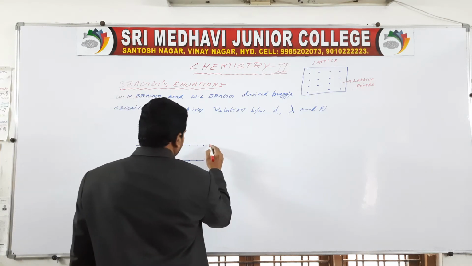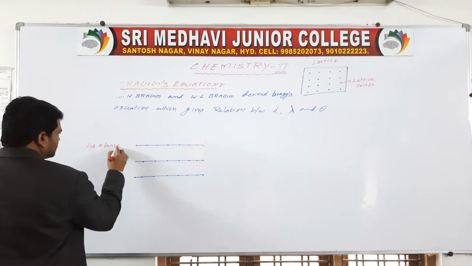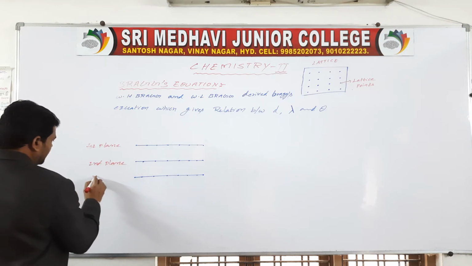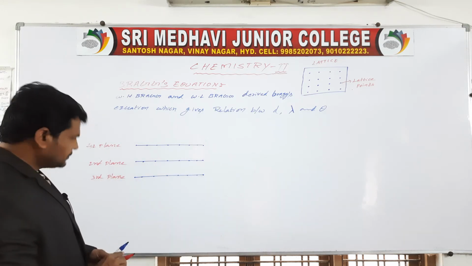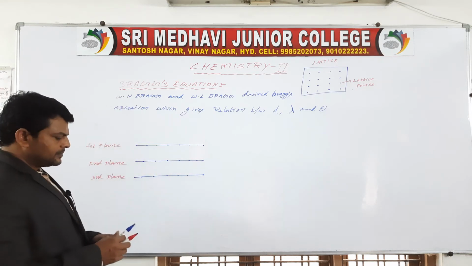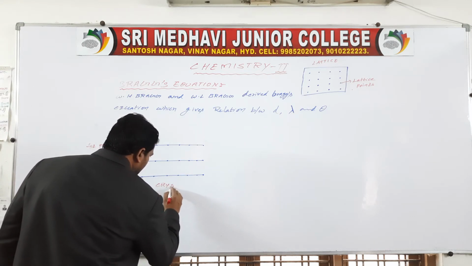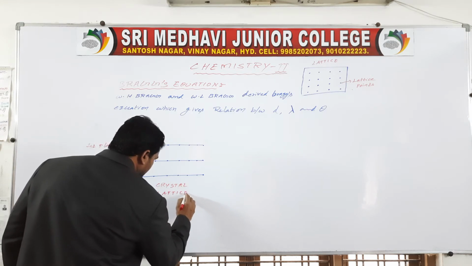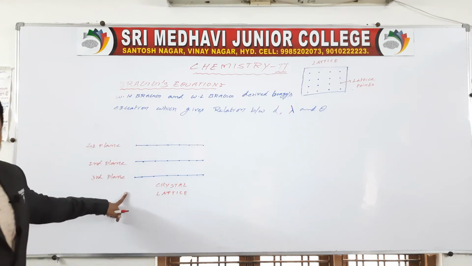This is the first plane, the second plane, the third plane. The crystal substance has a crystal lattice which has three planes.